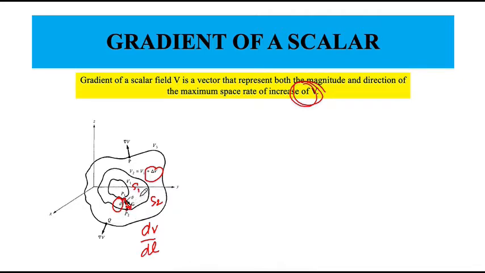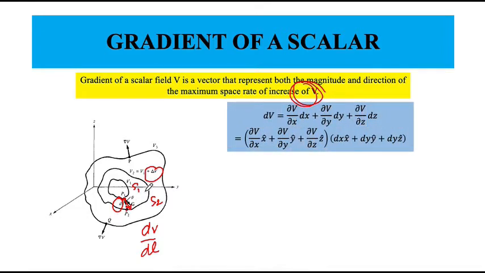So the mathematical expression for the gradient can be written by evaluating the difference in field dV between P1 and P2, where V1, V2 and V3 are constant surfaces on which V is constant. So from calculus, dV is the partial differentiation of V with respect to x into dx. Okay, similarly for y, similarly for z.